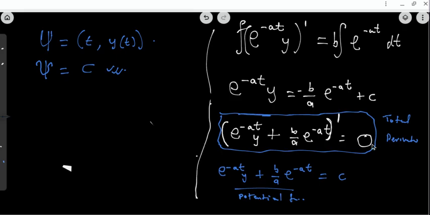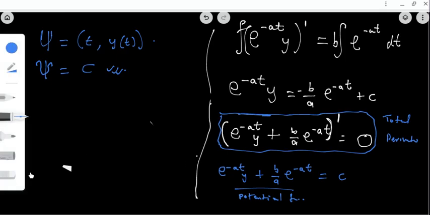Then the integral of 0 is a constant. That is the reason why you always have to arrange your functions in the total derivative form so that we can look for the solution to the differential equation.